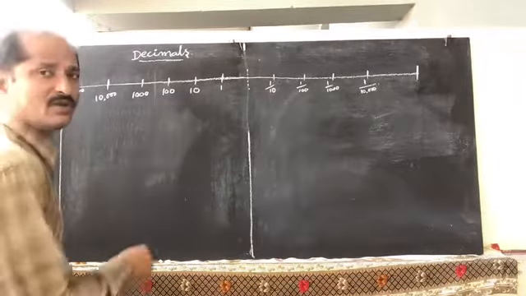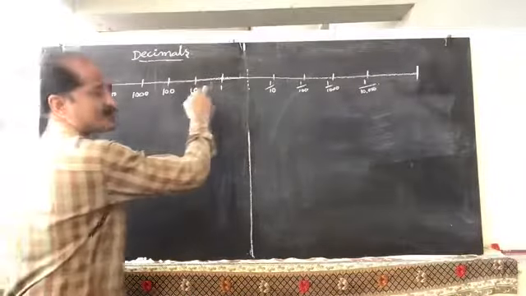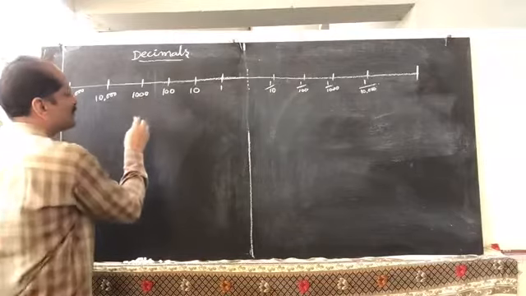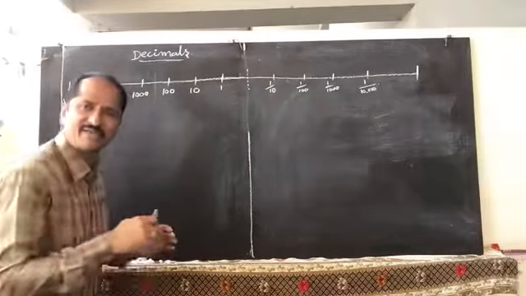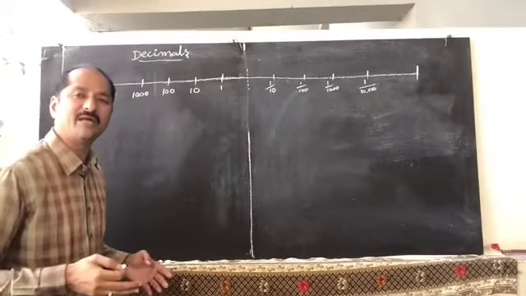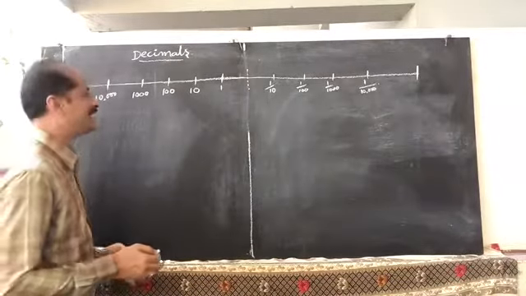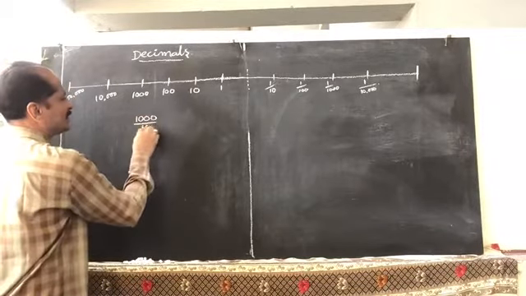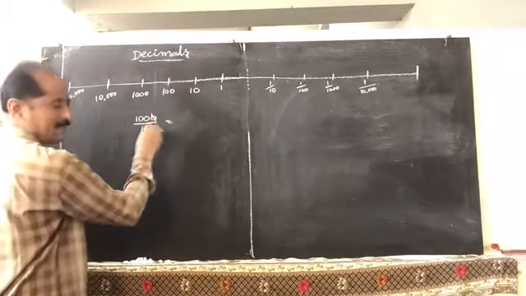Now look at this place value chart given here. To get the next lower places, we divide with 10. To get the next greater places, we multiply with 10. So 1000 divided by 10, you got 100.